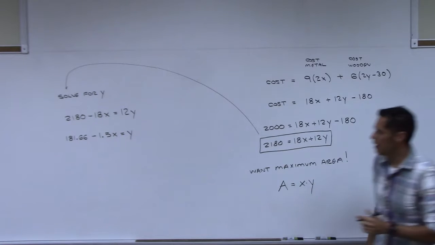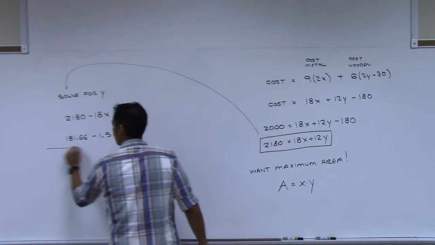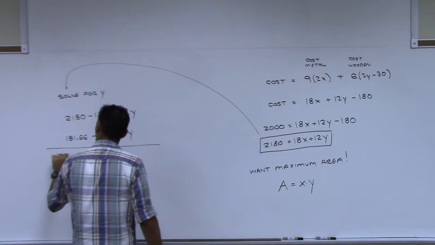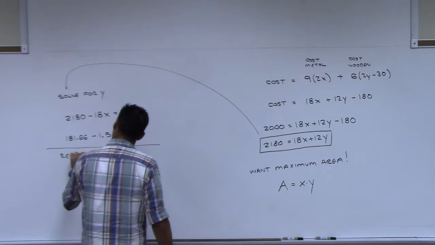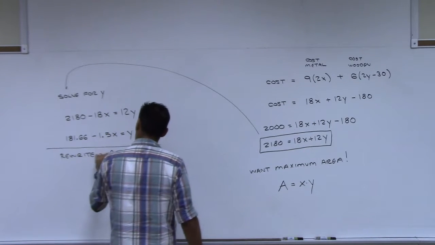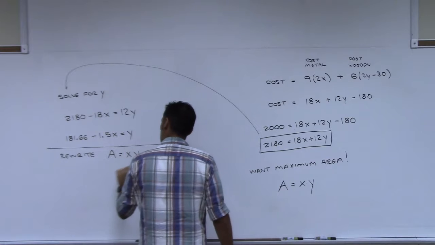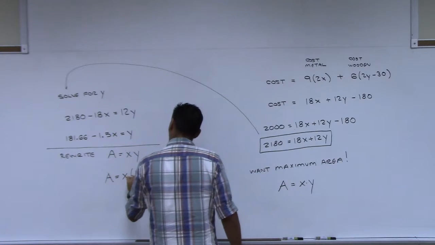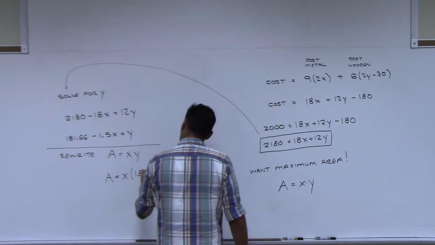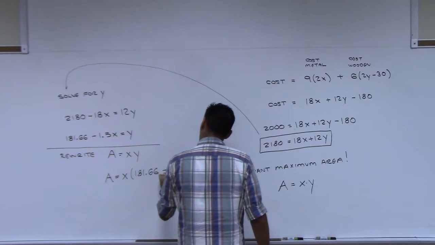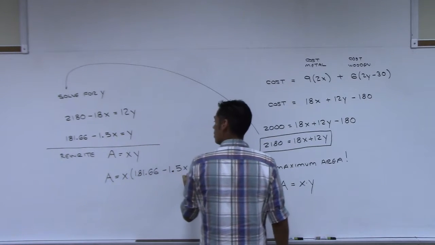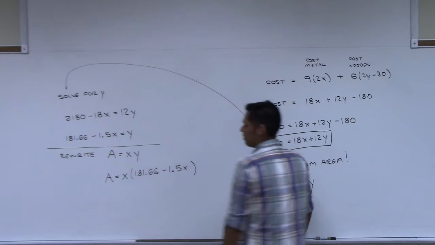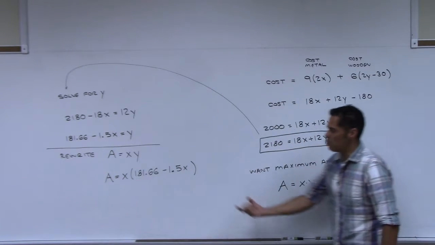So let's now rewrite the A equals xy to be A is equal to x times (181.66 minus 1.5x). So that's y right there, isn't it?